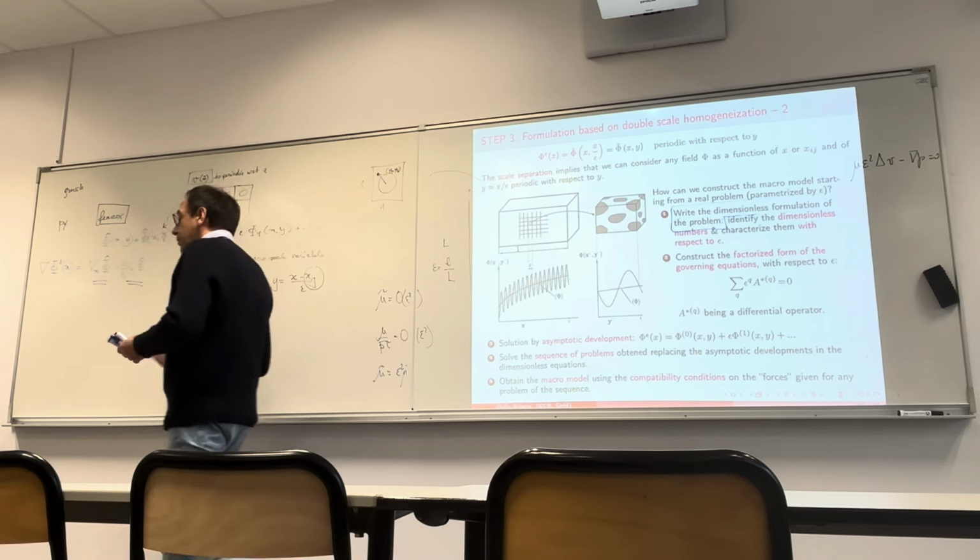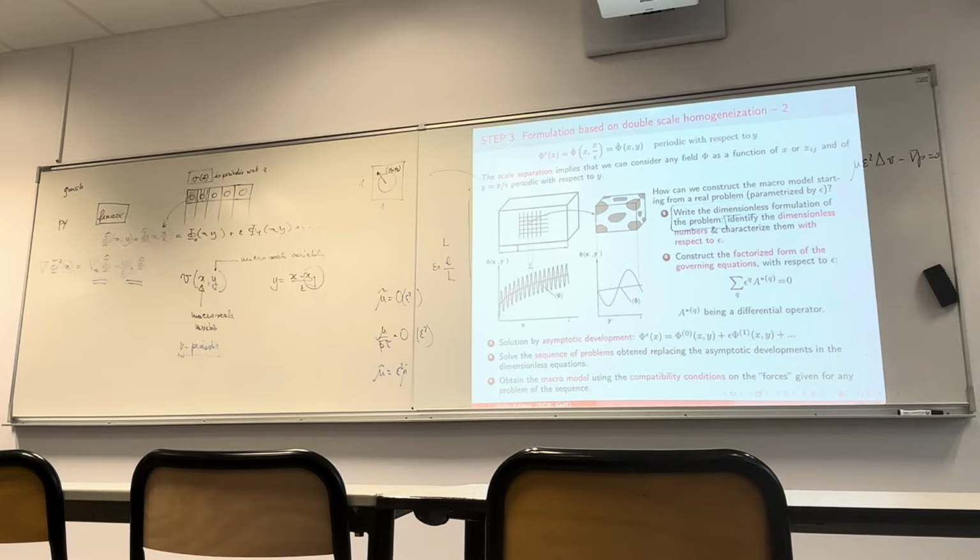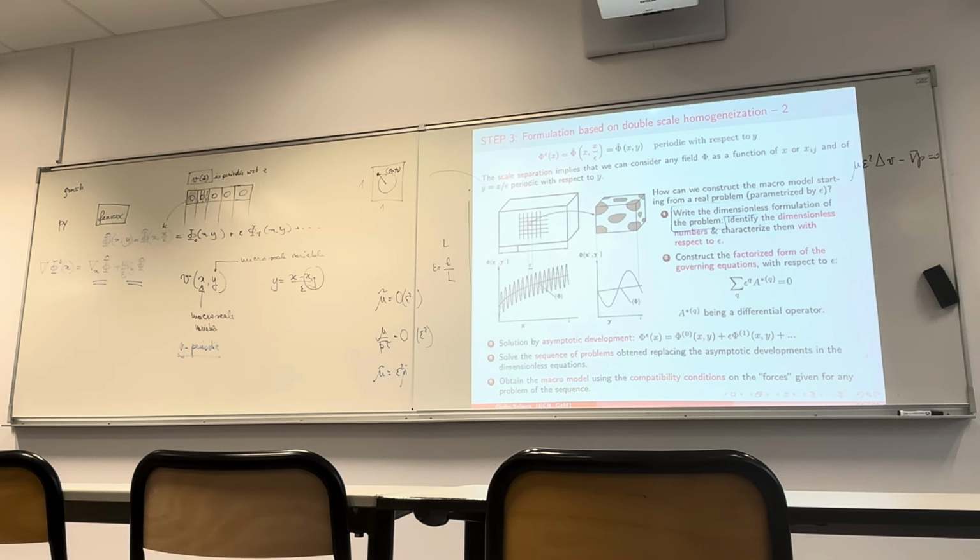So there will be a combination of epsilon coefficients due to the form of the governing equation as a function of epsilon, to the asymptotic expansion, and to the form of the gradient of every field split in this way.